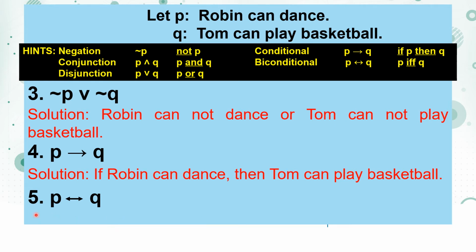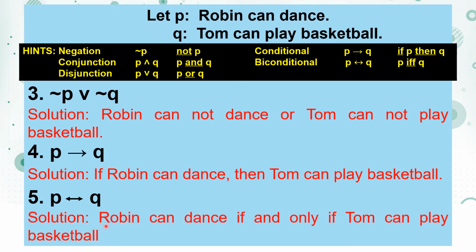Next, number 5, we have here this symbol. And this symbol is for biconditional. And we read this symbol or statement as P if and only if Q. So the keyword to be used is if and only if. Our P is Robin can dance.